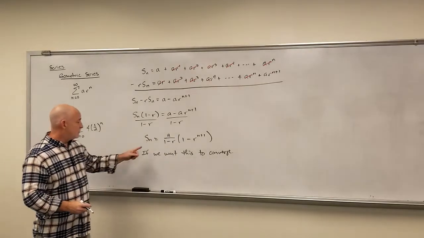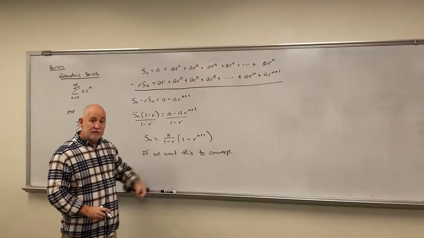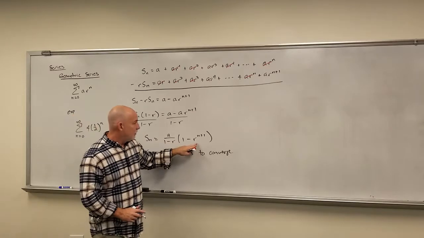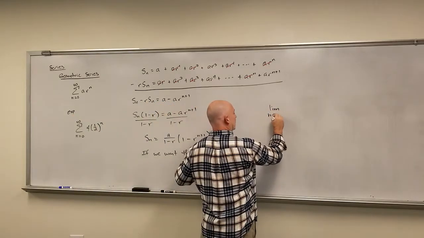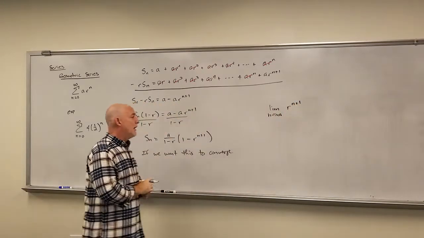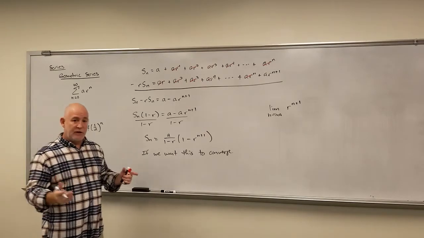What has to happen? So the idea is n goes to infinity. What has to happen with this expression? Well, again, there's no n's here, so really my question is, if the limit I'm looking at is the limit as n goes to infinity of r to the n plus 1, what has to happen to that for it to equal a finite value?